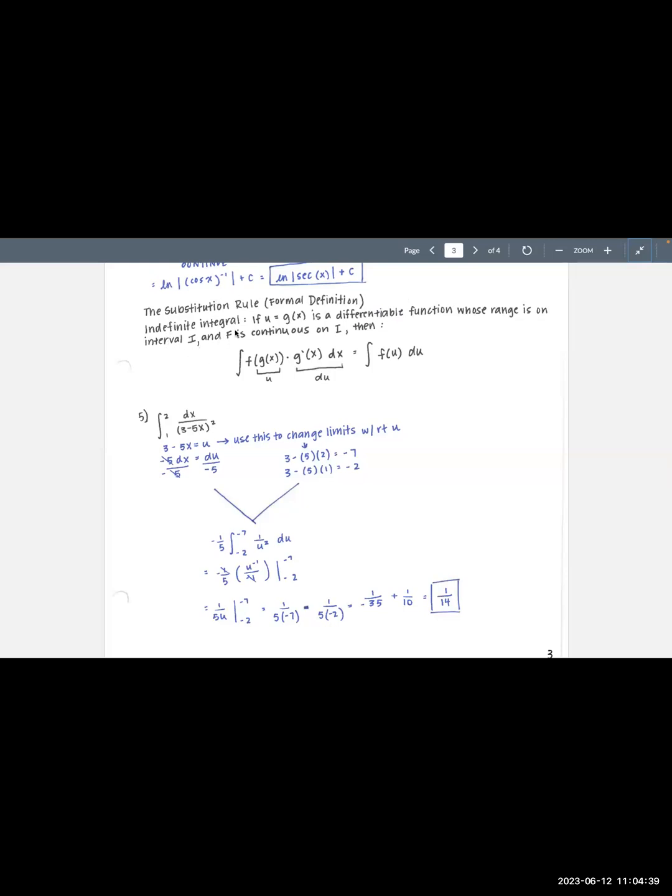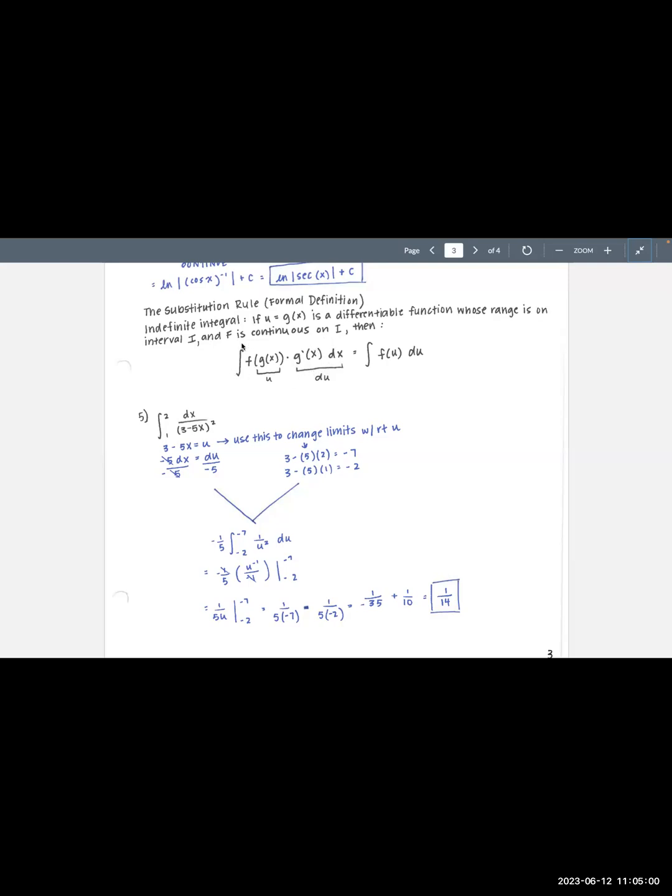If you have an indefinite integral, as what you see here, f of g of x times g prime dx, you let g of x to be u, then du is g prime dx.